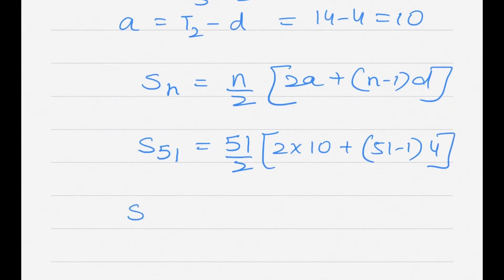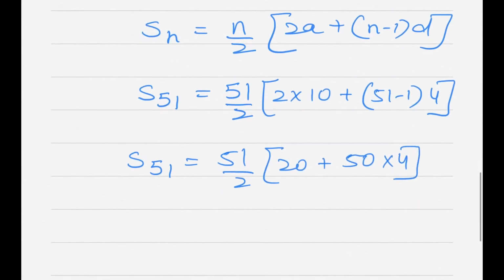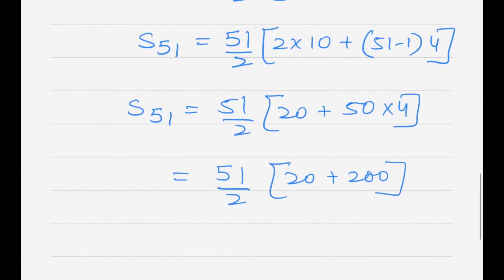So sum of 51 terms here again: 51 by 2, I'll keep it as it is, and 20 plus 50 into 4. So this is 51 by 2, and 20 plus 200, so 220. So 51 by 2 into 220.